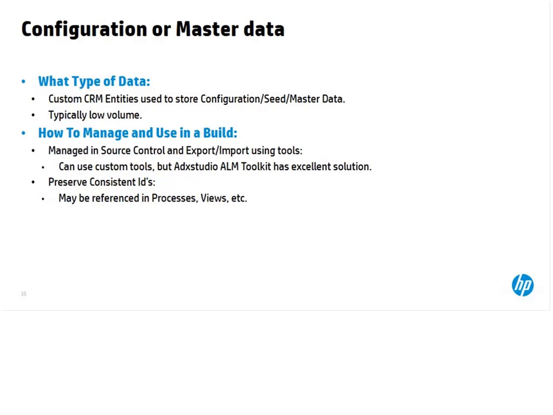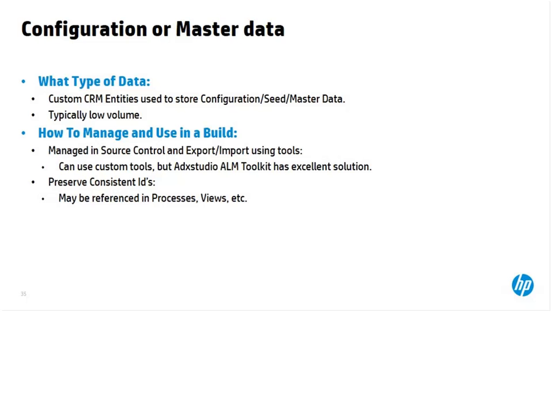The second type of data is usually called configuration or master data. This is data in custom CRM entities. Obviously, it's very easy to create additional CRM entities to store information. And typically, this is low volume. You won't see a lot of records in a configuration entity, or master data, but it's very important to manage that data carefully.